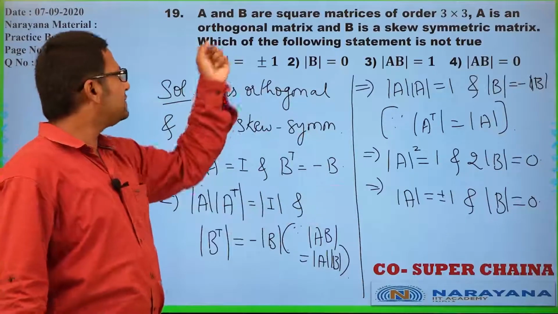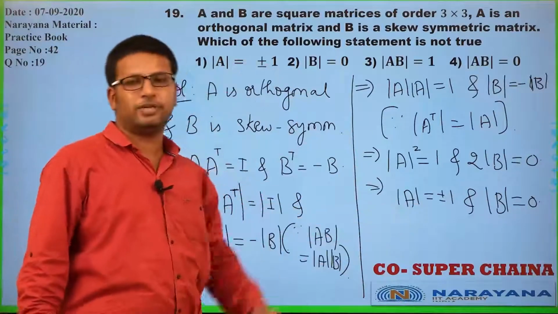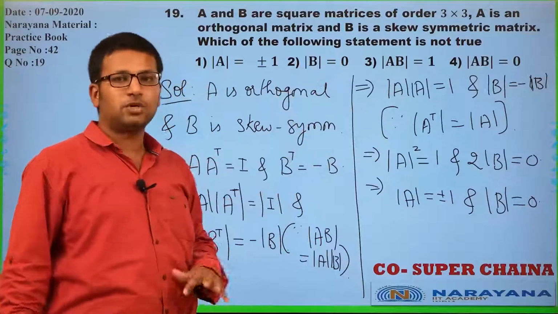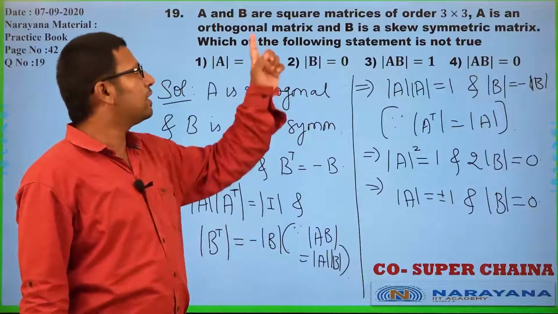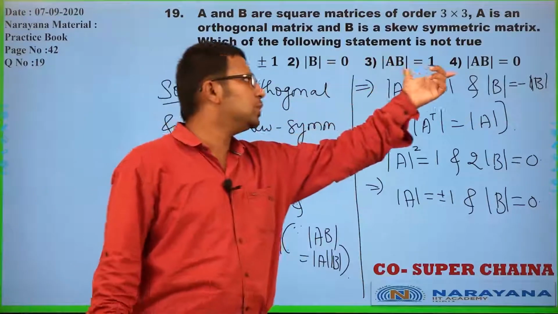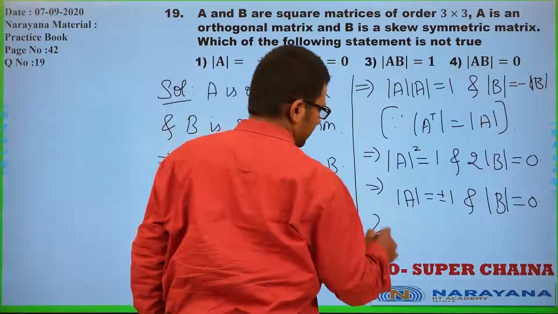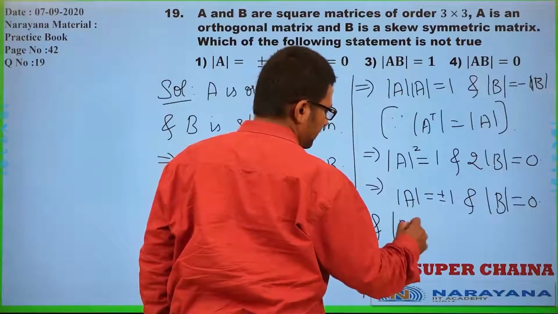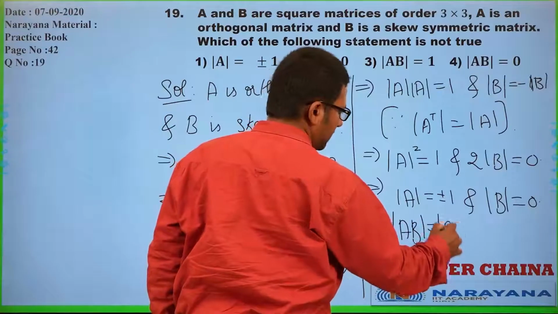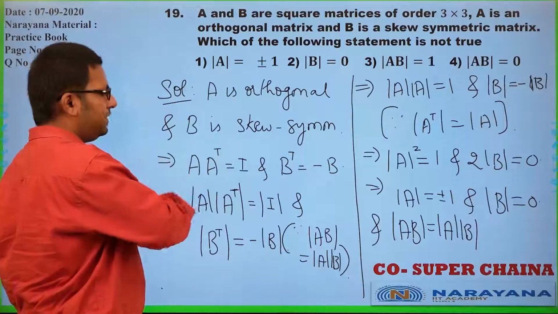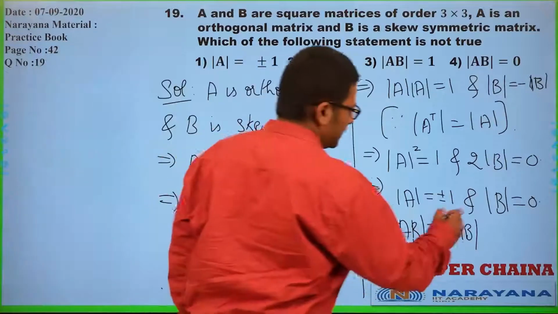If you see, option 1 is mod A is equal to plus or minus 1, which is true. Option 2, mod B equal to 0, which is also true. We are looking for something that is not true between these. Now, from this, mod of AB would be mod A mod B, correct? Because we have already written this as a property of determinant, right?